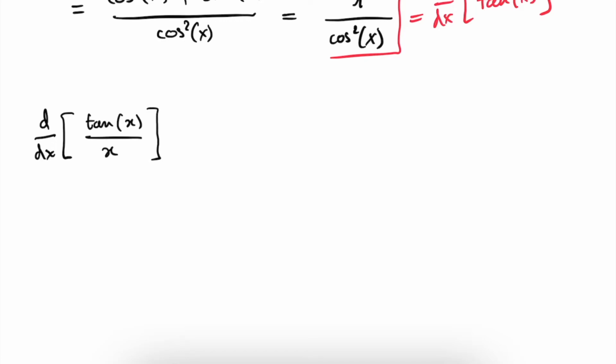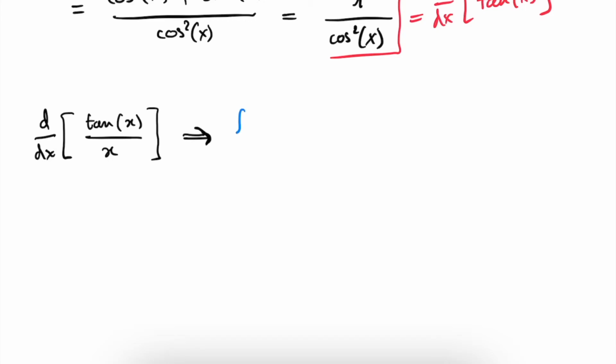And here I have to note that in a previous video where we did derivatives of products of functions, we already solved this derivative, because we can write this as tangent of x times 1 over x. And then we could just use the formula for the product of functions. However, in this case, we're not going to do it this way. We're going to use the formula for the fraction of functions.